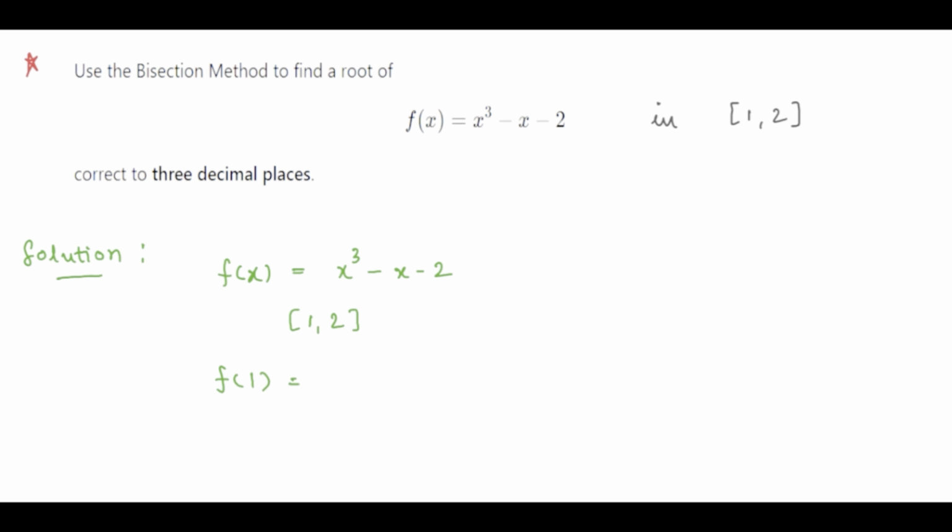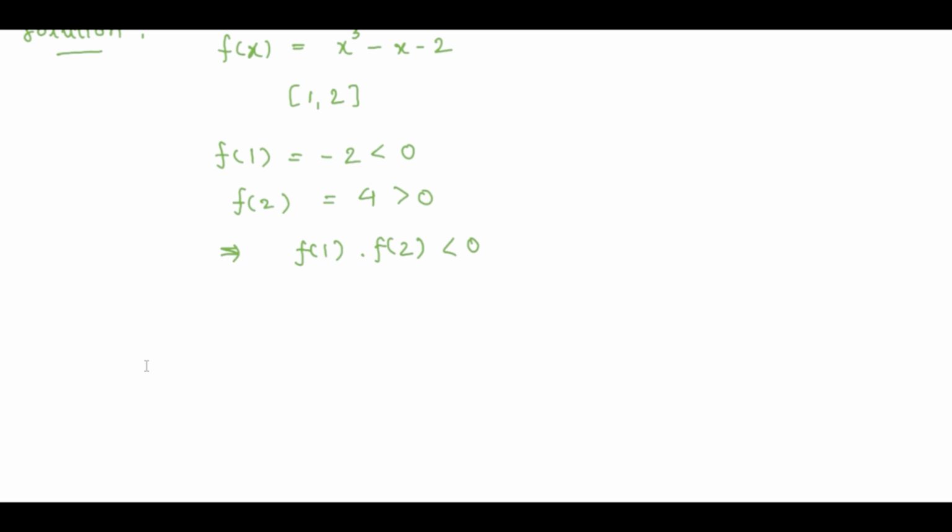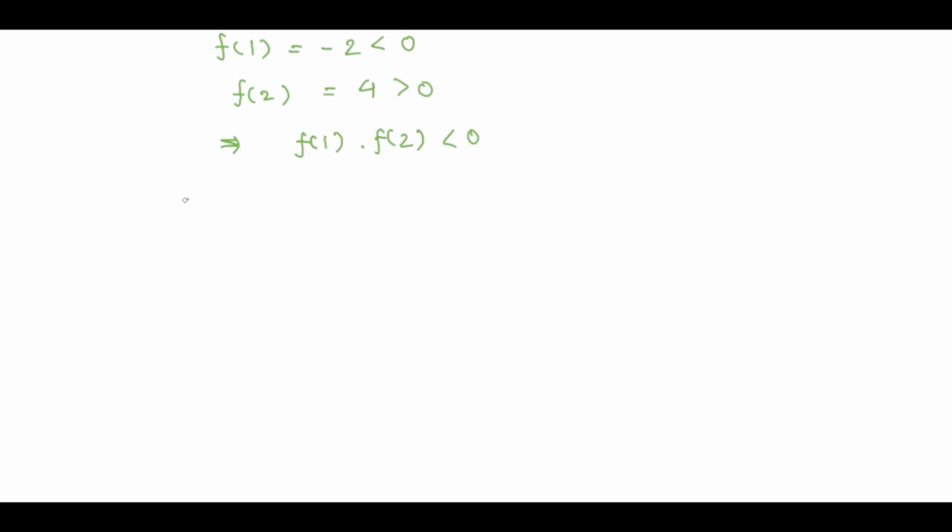That means we get f(1) as minus 2 and f(2) as 4. And since the product of f(1) and f(2) is negative, that is less than 0, the function changes its sign between 1 and 2. Therefore, by the intermediate value theorem, at least one root lies in the interval [1, 2].